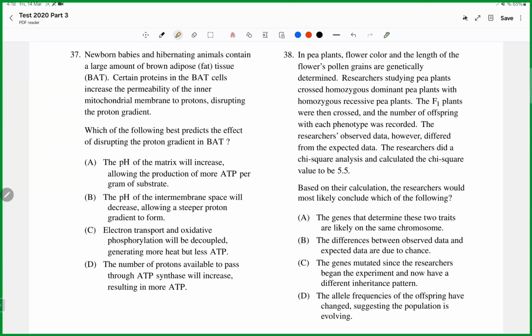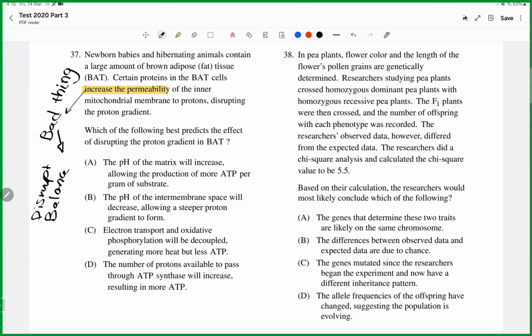Whenever they say increase the permeability, take it as a rule, it's a bad thing. It will disrupt the balance of things. You must always be semi-permeable. So look for bad things in the answer.